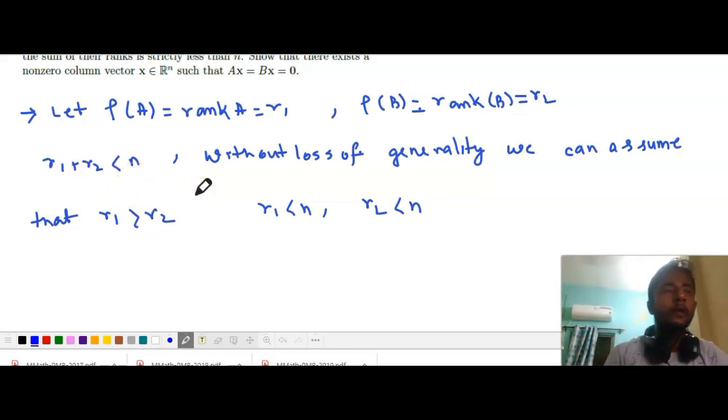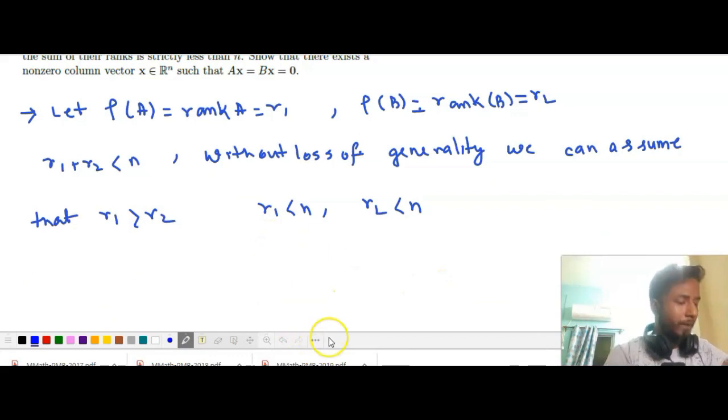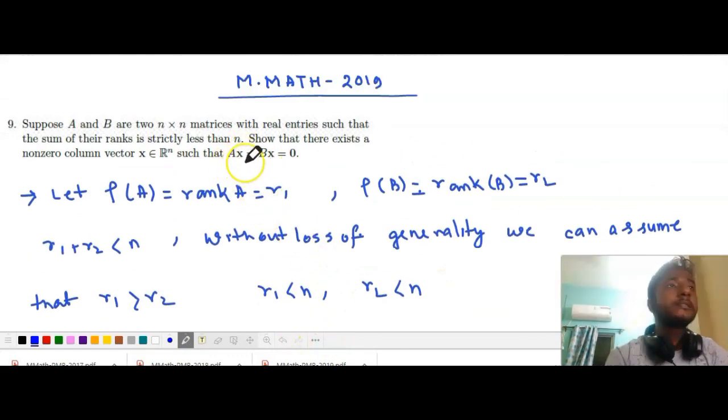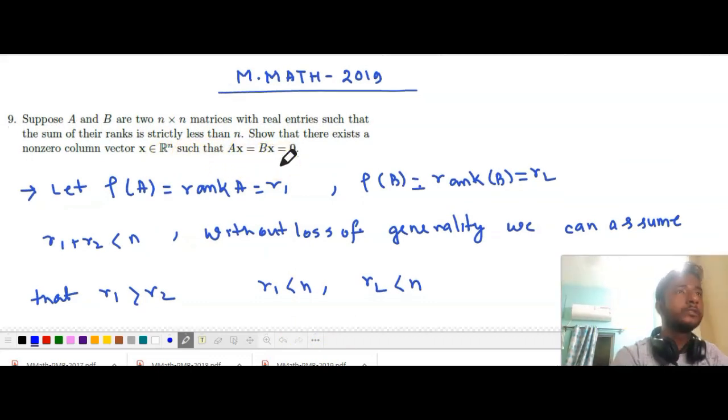Now R1 greater than R2, right? Now, we have to show that there exists a non-zero column vector x belonging to Rn such that Ax equal to Bx is equal to 0, right?